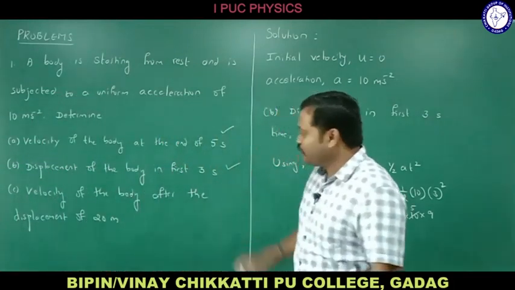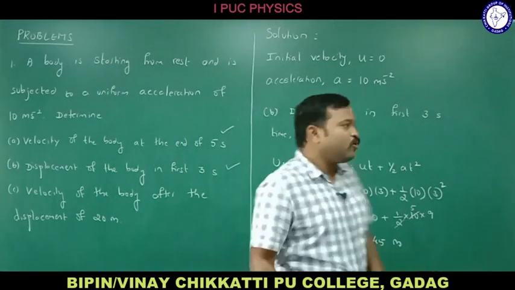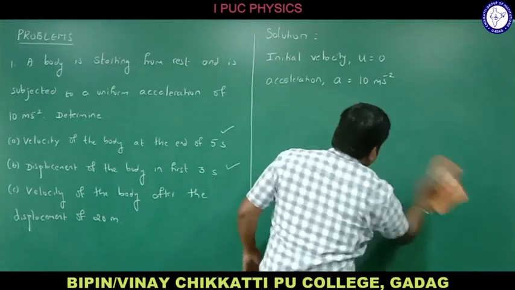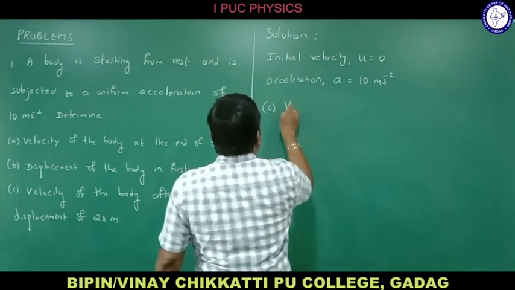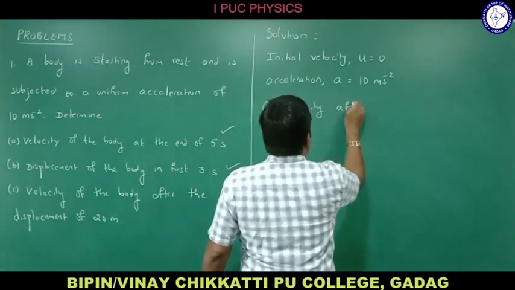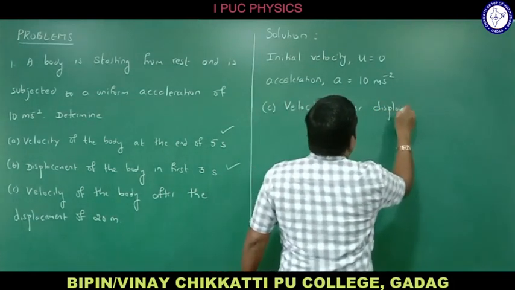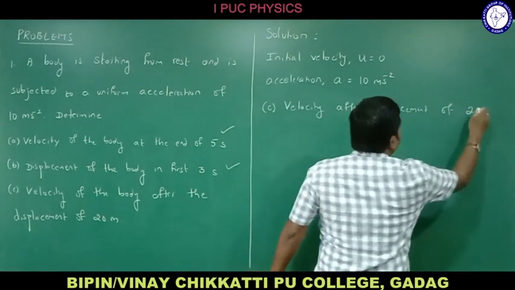Let us move to the third one. Find the velocity of the body after a displacement of 20 meters. So how to do this? Let us check it out. Let me go with the third one. You need to calculate the velocity of the body after a displacement of 20 meters.